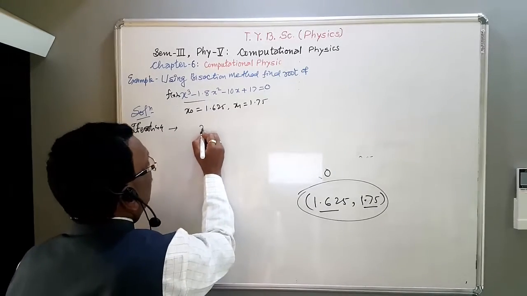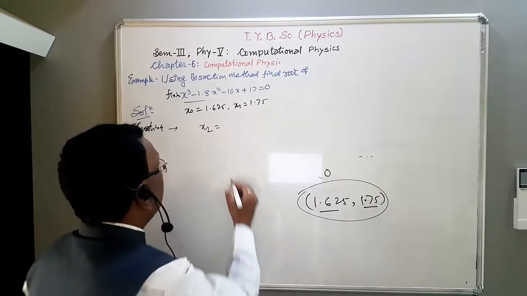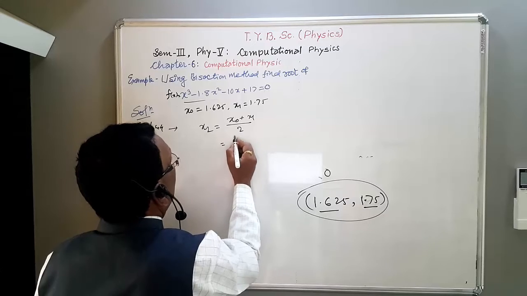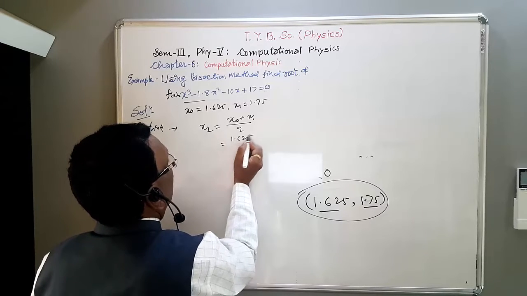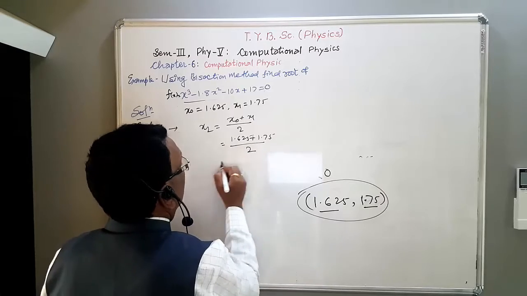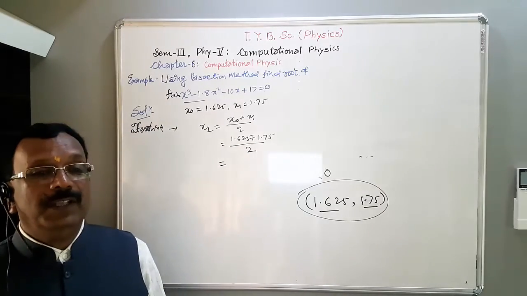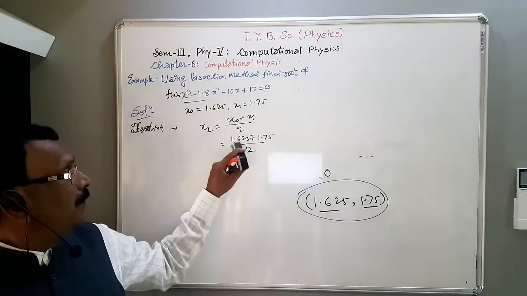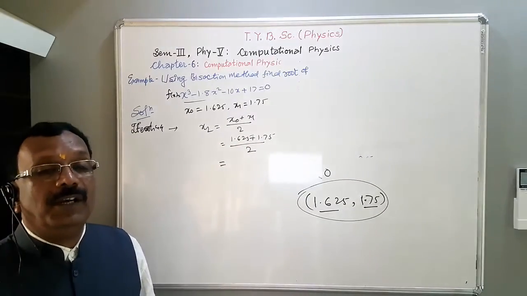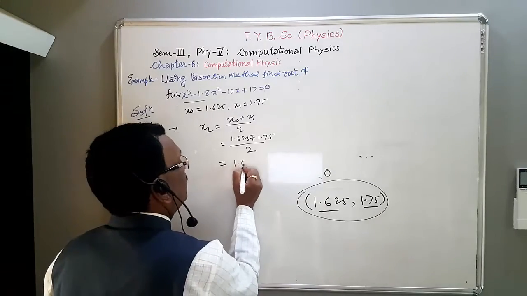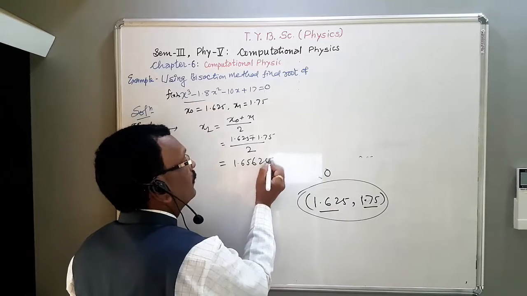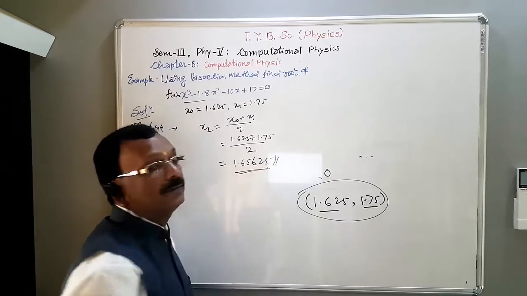From this interval we can find the midpoint. x2 is equal to (x0 plus x1) upon 2. Therefore, 1.625 plus 1.75 divided by 2. When you solve this term by adding x0 and x1 and then dividing by 2, we will get 1.6875. This is the midpoint.